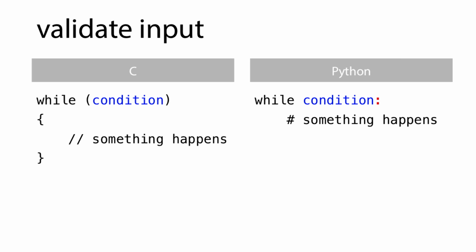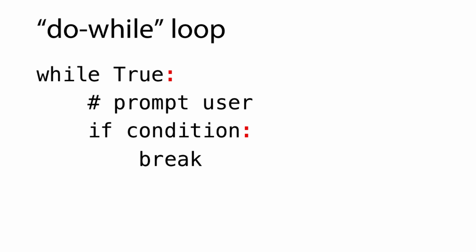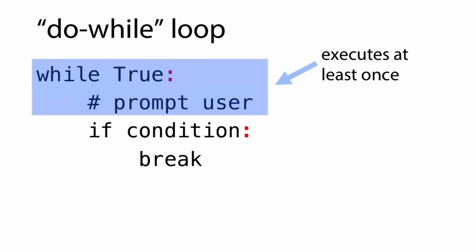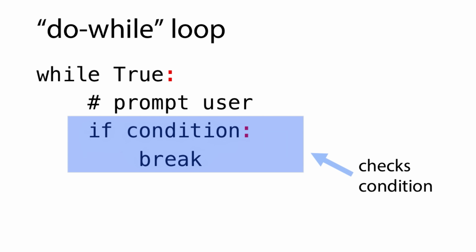So let's see how we can take a while loop in Python and turn it into the correct functionality mirroring the do-while loop. Here as my condition for the while loop, I have true. So that means that the loop will execute at least once. So I'm going to prompt the user there, and then if a certain condition is met, then I'll break out of the loop. But if that condition isn't met, then that loop will repeat itself.